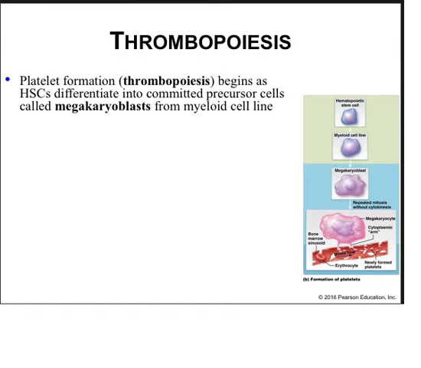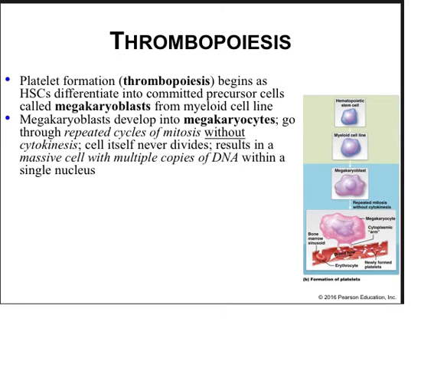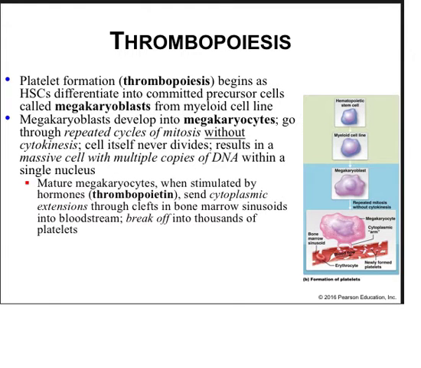Platelet formation, or thrombopoiesis, begins as hematopoietic stem cells differentiate into committed precursors called megakaryoblasts from the myeloid line. These become megakaryocytes that go through repeated mitosis without cytokinesis, thus generating a massive nucleus with multiple copies of DNA.